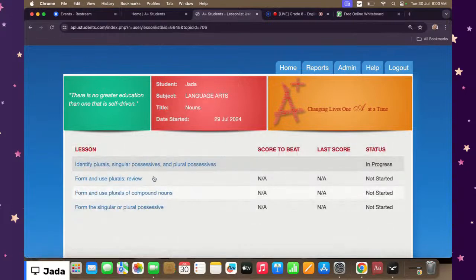Okay, so we have some lessons from nouns here, and we will go through the lesson together.